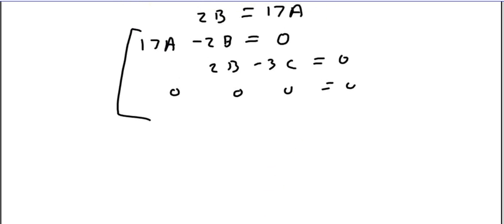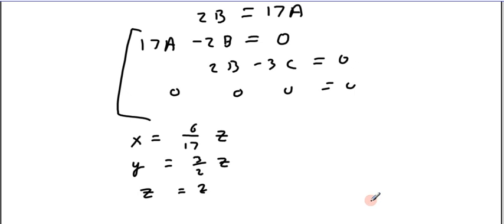And that gives me that x, which is the a guy, is going to be 6 over 17 z, and y, which is the b guy, is 3 over 2 z, which we knew, and z is equal to z, and that sort of makes things interesting.